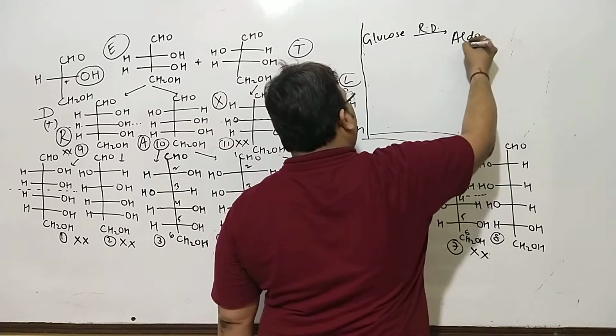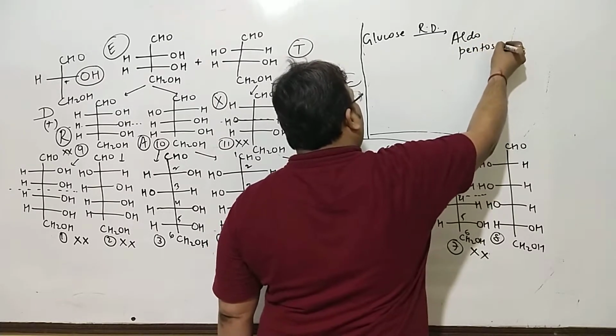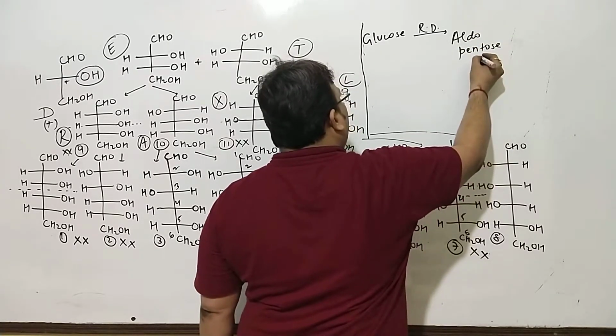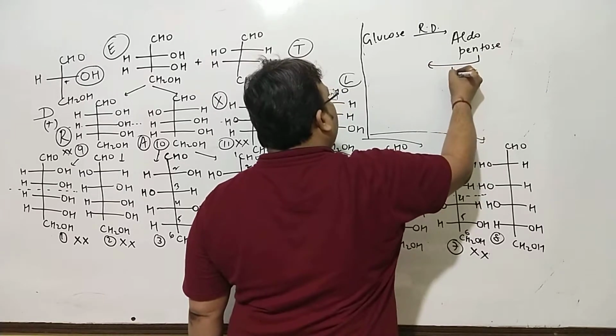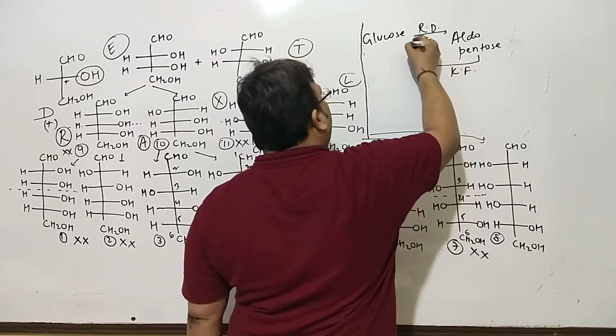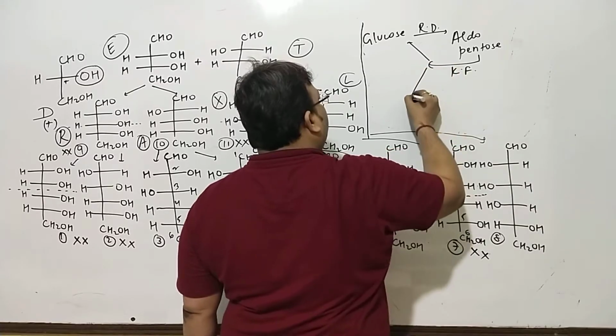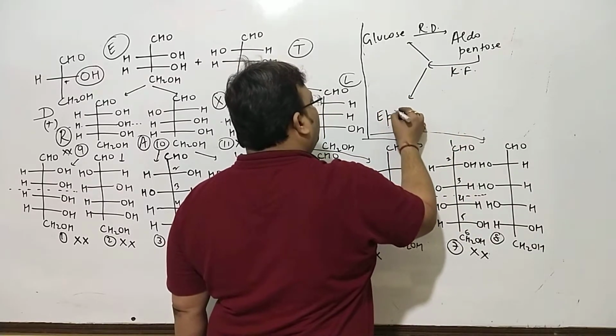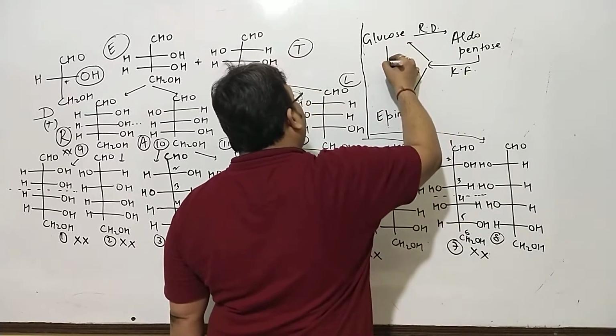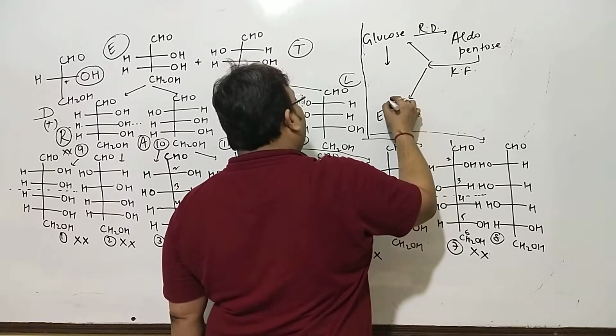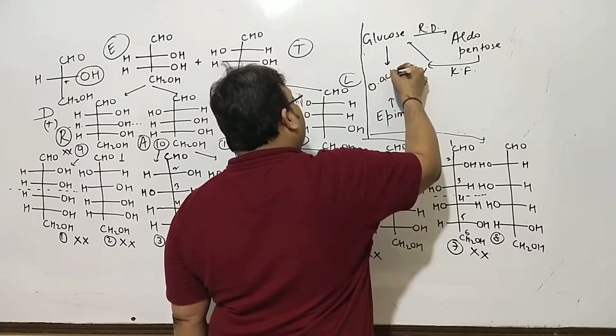The corresponding aldopentose was subjected to Kiliani-Fischer, and Kiliani-Fischer here would give you both glucose and its epimer, and both glucose and its epimer had optically active aldaric acid.